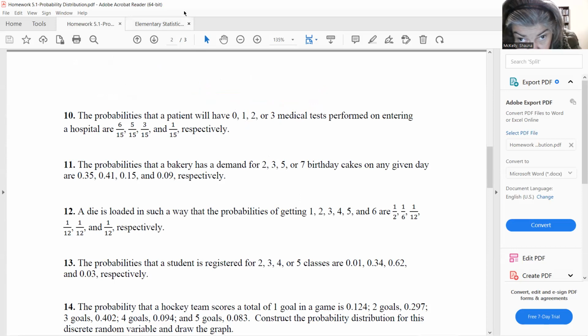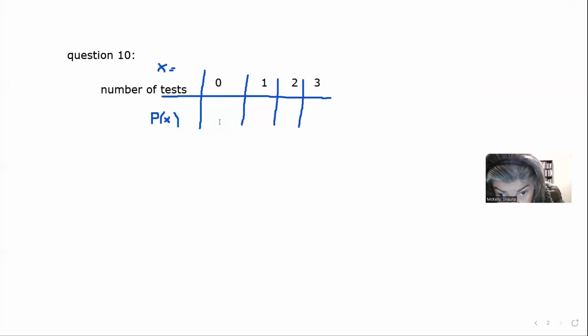So you're going to put 6/15, 5/15, 3/15, and 1/15. So I'm going to have 15.